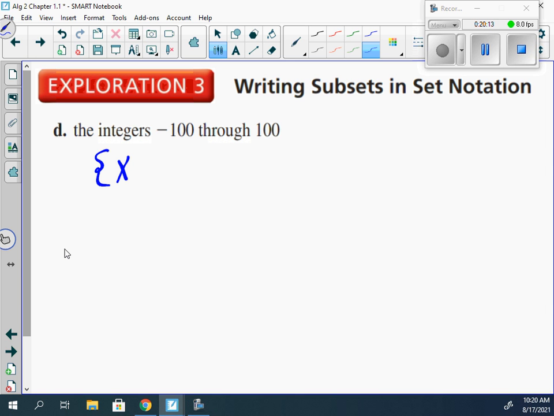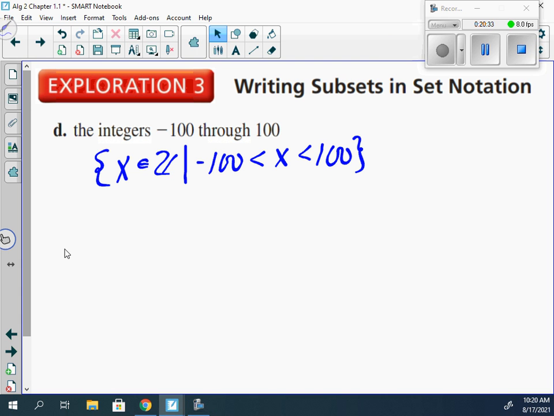So we don't have all real numbers. We have the integers, so we'll have x in Z such that x is less than. As I was referencing earlier, we can leave it as this, but the textbook considers through to include both of them.